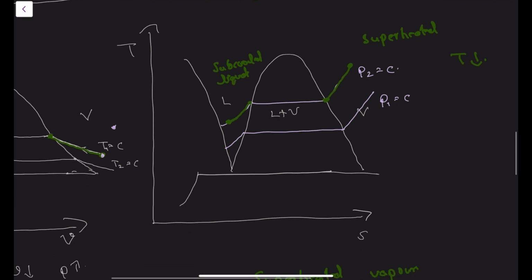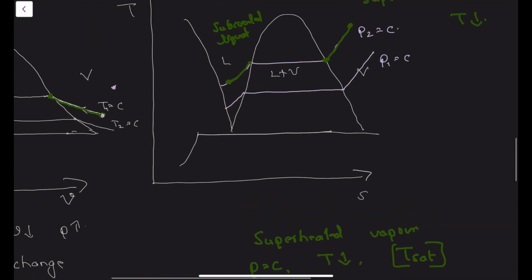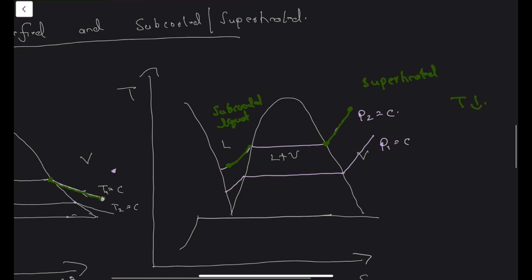You need to heat it to reach the saturation temperature. So for a subcooled liquid at constant pressure, you need to increase the temperature to reach the saturation temperature. This is the difference between subcooled liquid and superheated vapor.